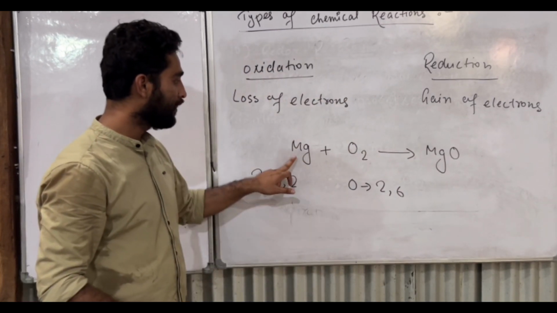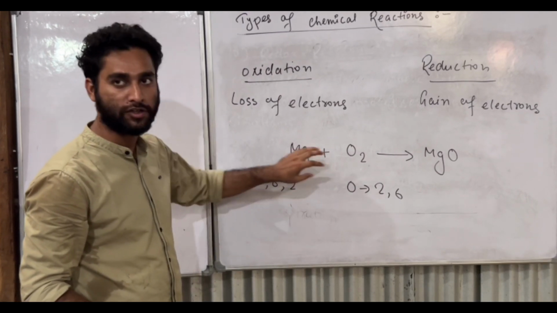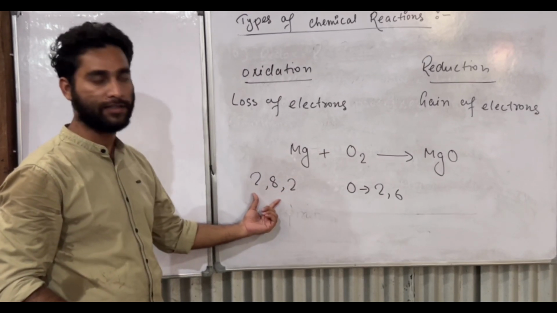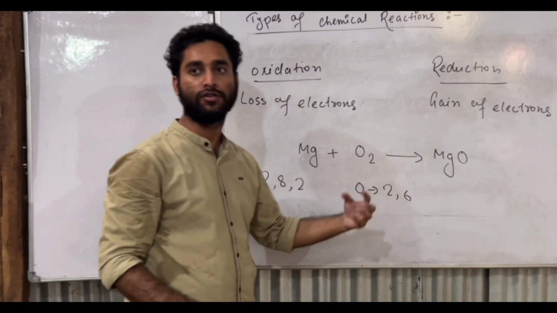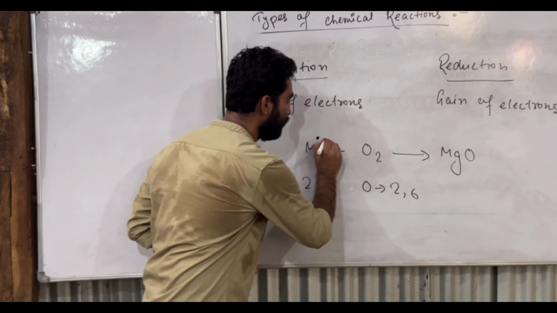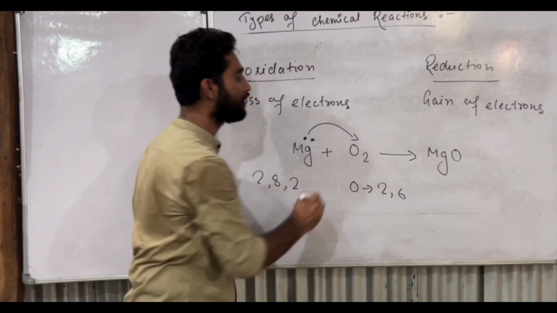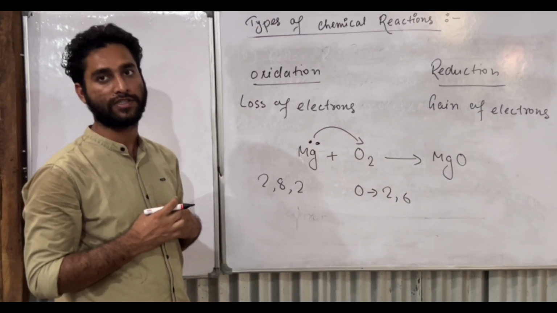Here you see, to become stable, magnesium can donate its outermost 2 electrons and achieve the octet. In the same way, oxygen can accept the 2 electrons to achieve stability. So the magnesium will donate the 2 electrons to oxygen, and the oxygen will accept the electrons.